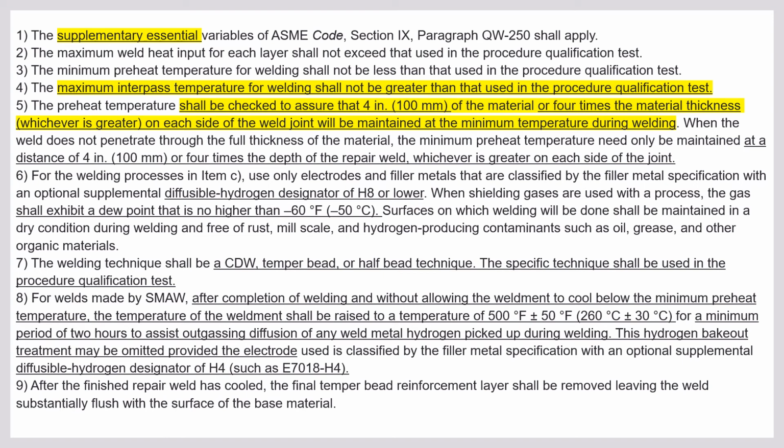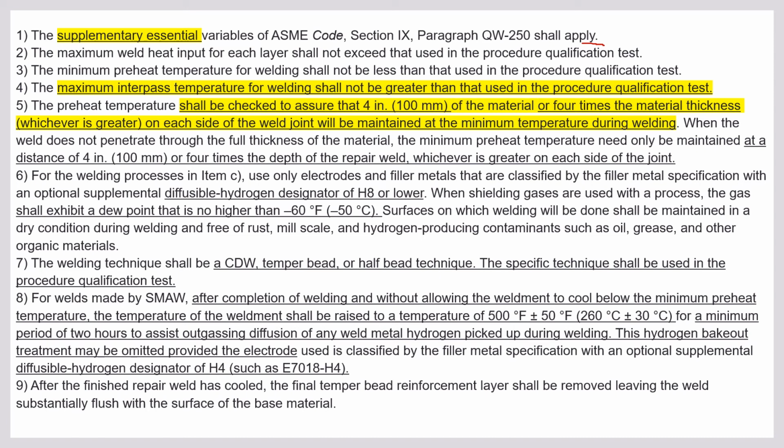So for this requirement, what are the things we have to follow for controlled deposition welding? What will be required? Okay, and it is for the impact testing requirement. So he is telling that when impact testing is there, as we read in our previous slides, all supplementary essential variables of the ASME section code shall apply. Because why? When impact testing is required, all supplementary essential variables become essential variables.